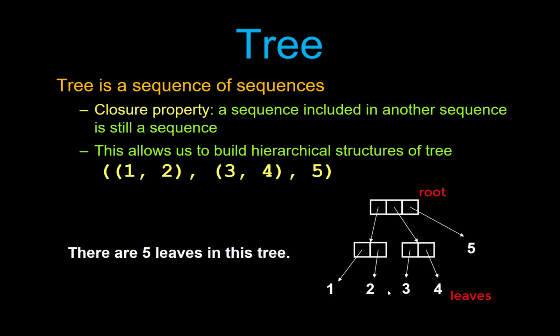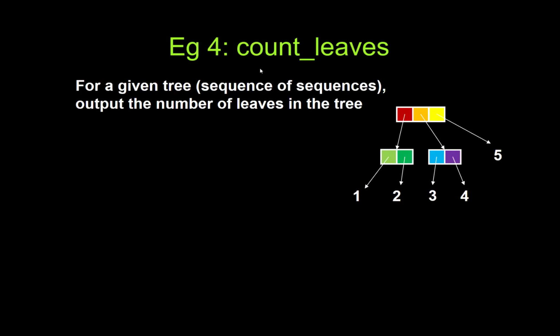With this basic understanding of a tree, we can now do some interesting computation with a tree. Our first example on trees is counting the number of leaves in a tree. So for a given tree, which is a sequence of sequences, we want to know how many leaves there are in the tree. For our previous example, this is a tree with 5 leaves. So how can we get this number 5?